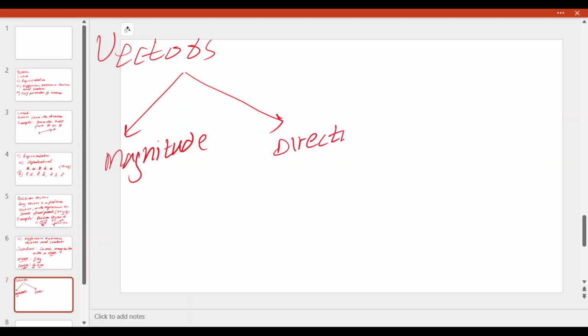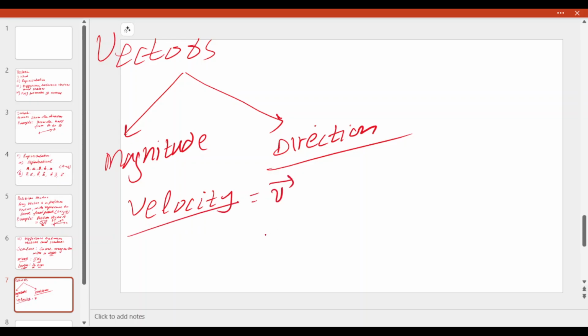Yes. For example, velocity. Velocity is a vector represented by this one, as we have discussed earlier. A vector is represented by an arrowhead over it.